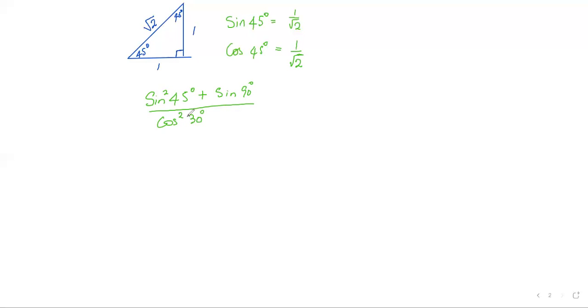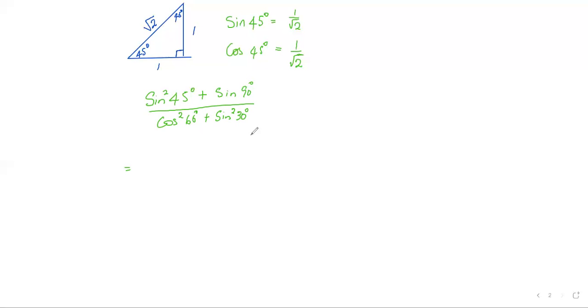Let's say cos square of 60 plus the sine square of 30.